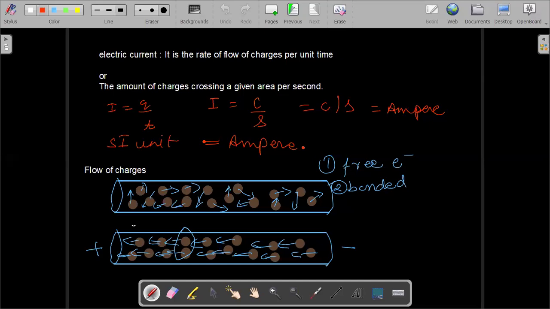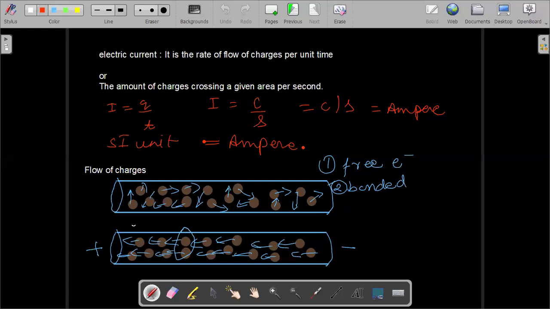Yesterday we had also discussed that a wire has free electrons and bonded electrons. Bonded electrons do not participate in any current, but it is only the free electrons which are not bonded. They are the only ones which help in the transfer of charges.